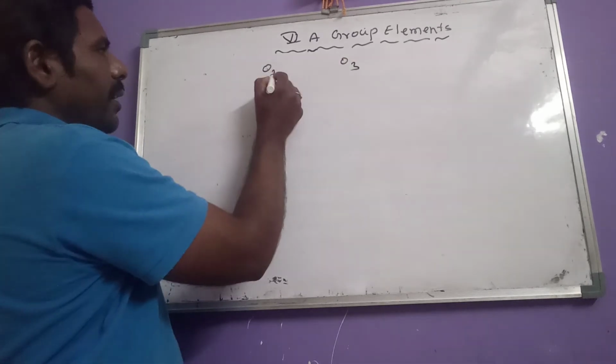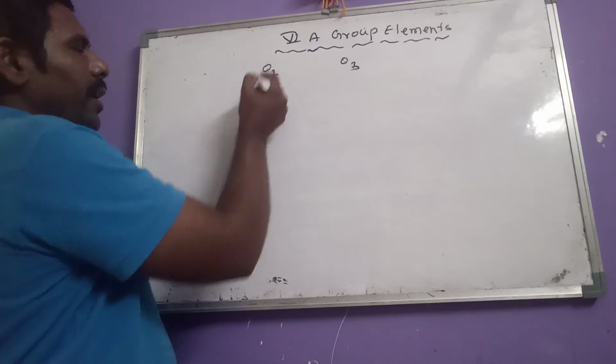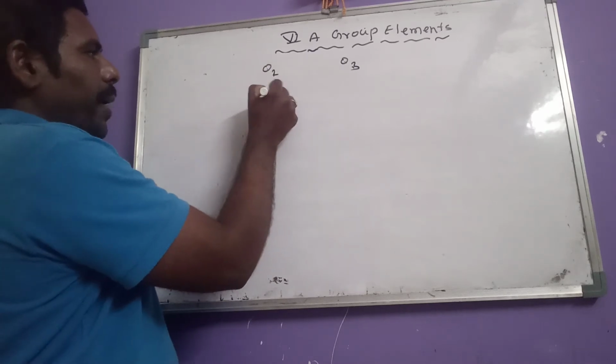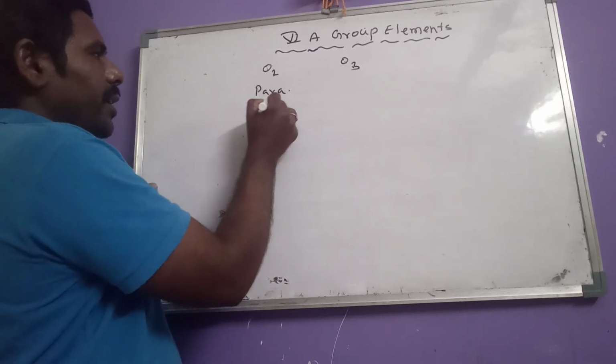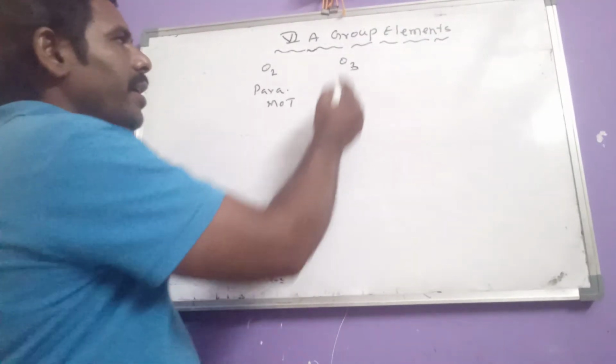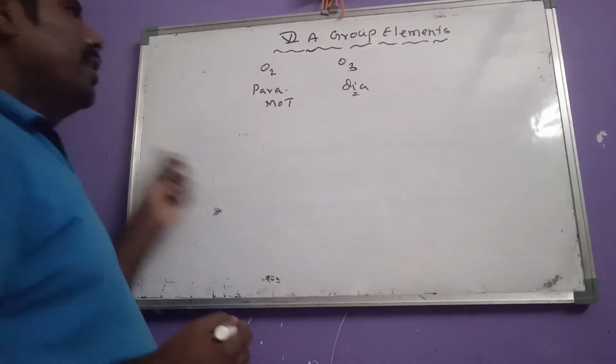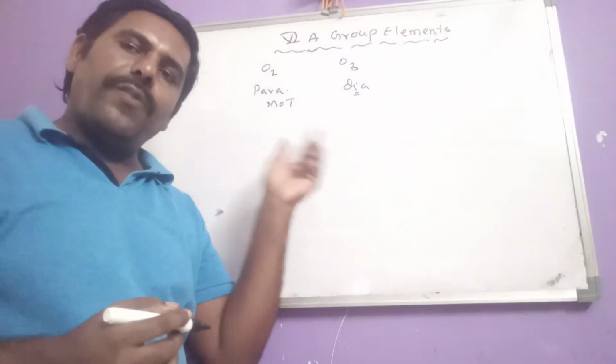One is diatomic oxygen, one is triatomic ozone. Diatomic oxygen is paramagnetic in nature according to MOT, molecular orbital theory, and ozone is diamagnetic in nature. So this is regarding allotropes of oxygen.